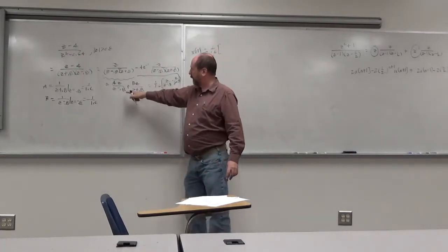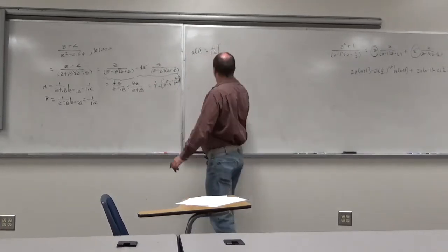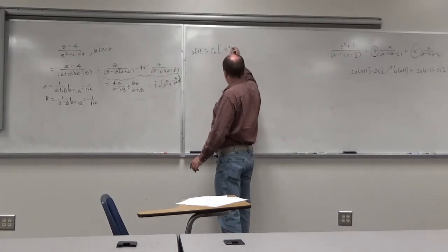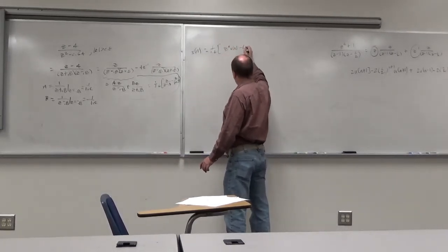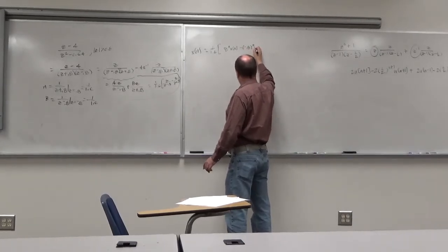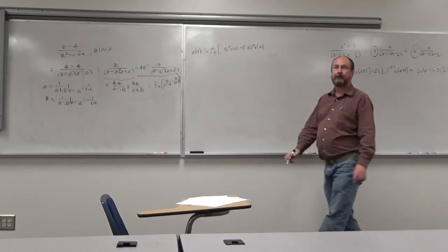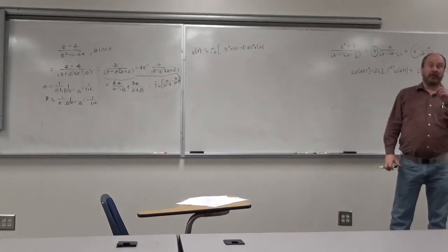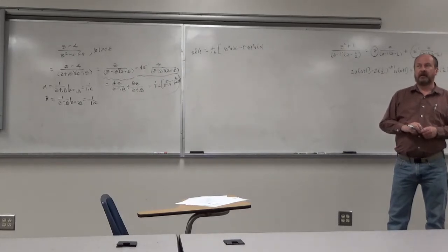All right, what do we get right here? 0.8 to the n u of n. Next one is minus negative 0.8 to the n u of n. Now, I'm done with the first term, by the way.